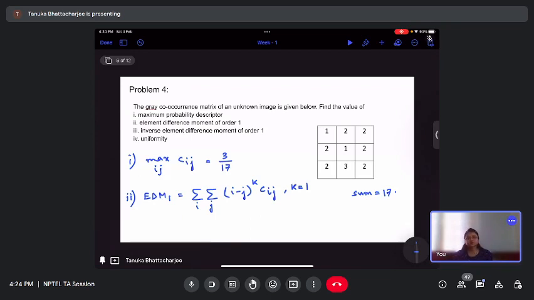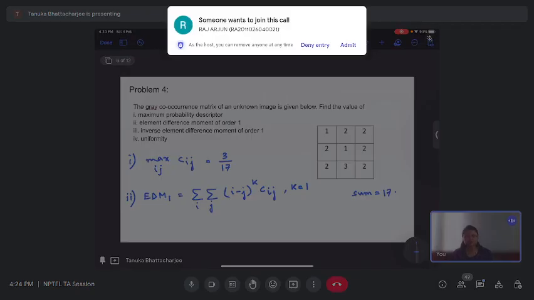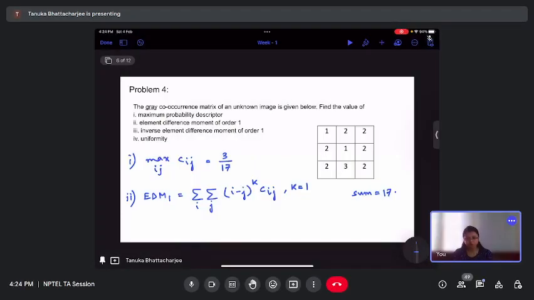We can compute this for one example. This is just (i minus j) to the power 1, so it becomes just i minus j. All the diagonal entries will not have any contribution, only we have to consider the other entries.